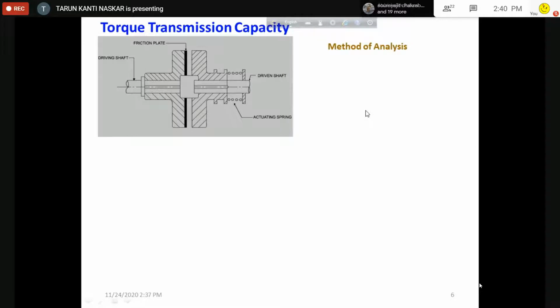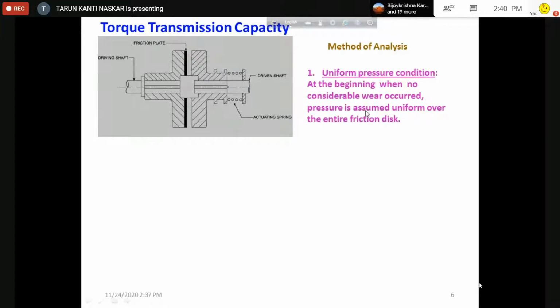Now, method of analysis. In the method of analysis, we were mentioning the terms uniform pressure condition and uniform wear condition. So we will discuss the two mechanisms for analysis. Just try to follow: this is the plate and this is the friction lining. Consider a new machine.